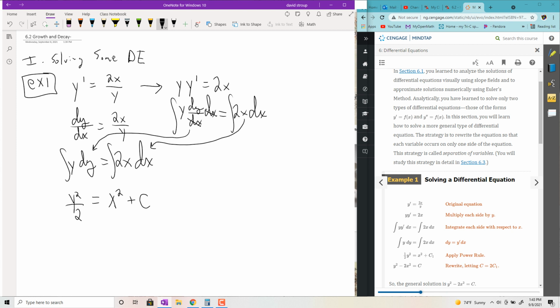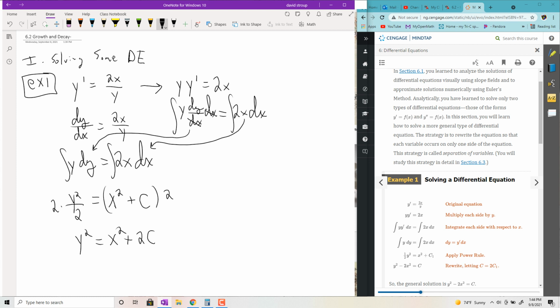At this point, the book wants to get rid of all the fractions, and I think that might have been because back when they were writing books, not having fractions took up less space. So they multiply both sides by 2, and you get y squared equals x squared plus 2c.